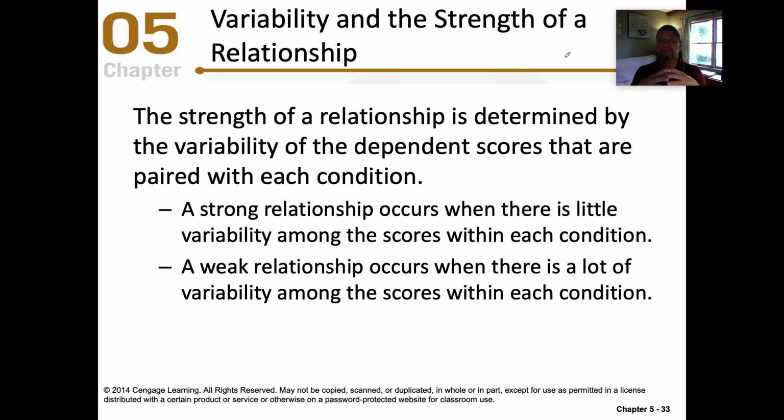So, if all of the data is very close to the average of the data set, then it's a strong relationship, and there will be a very small variance number and a very small standard deviation number.